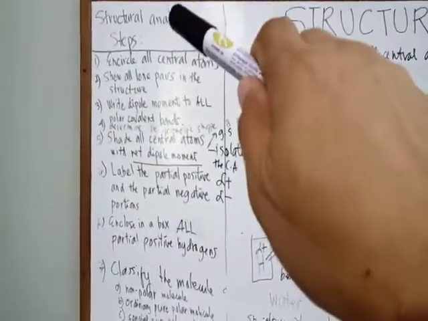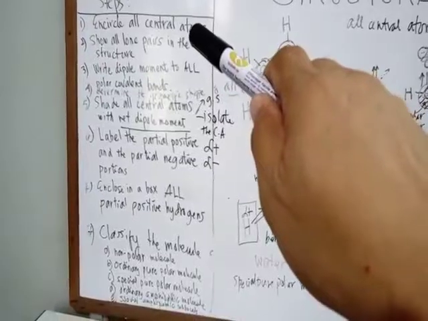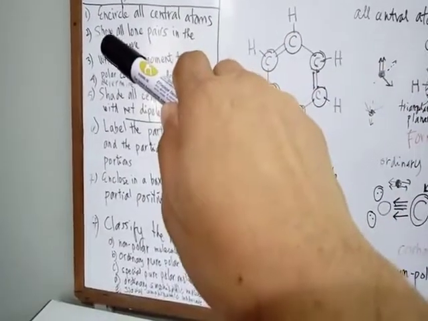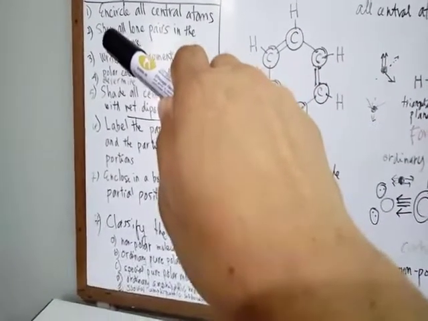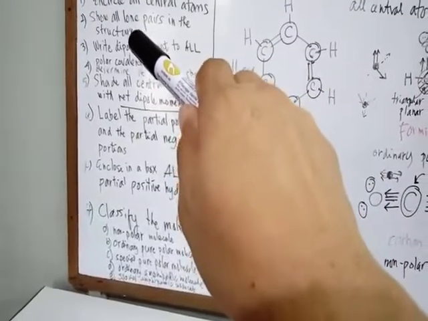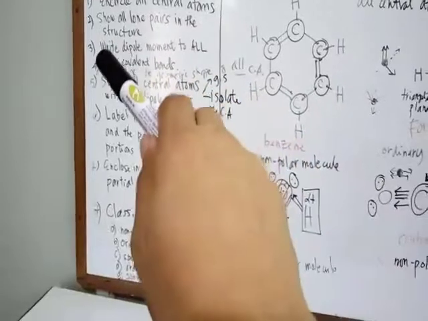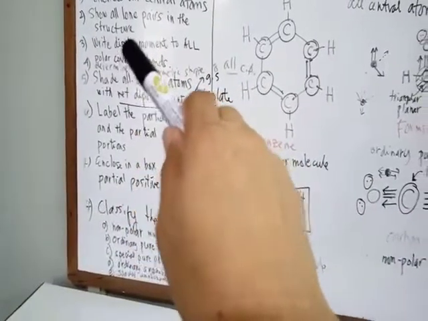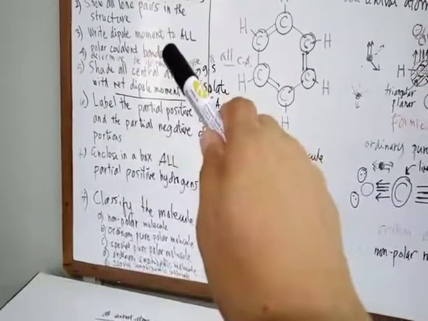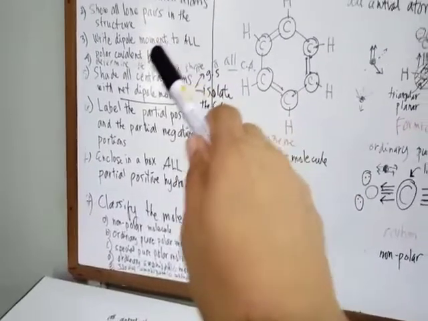So, again, what are the steps? Encircle all central atoms. That's number 1. Number 2, show or write all lone pairs in the structure, in both central and non-central atoms. Number 3, write all the dipole moments to all polar covalent bonds.